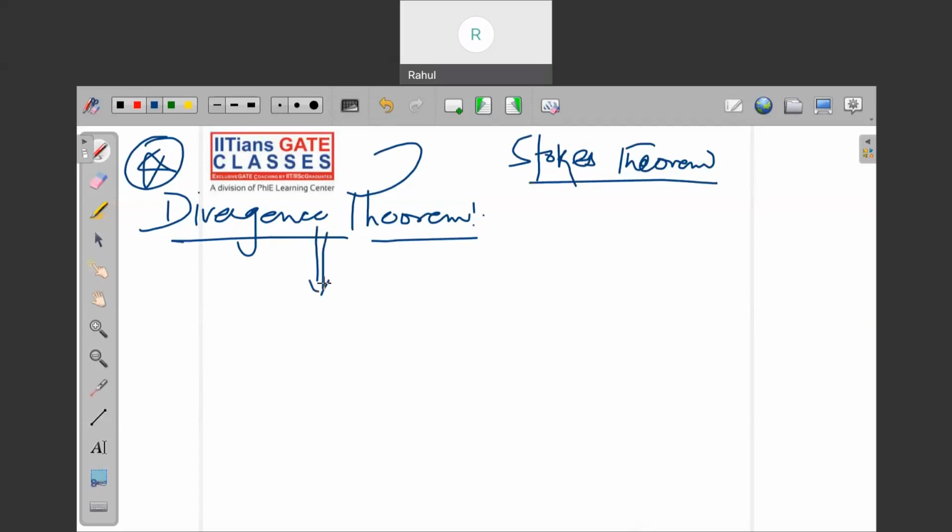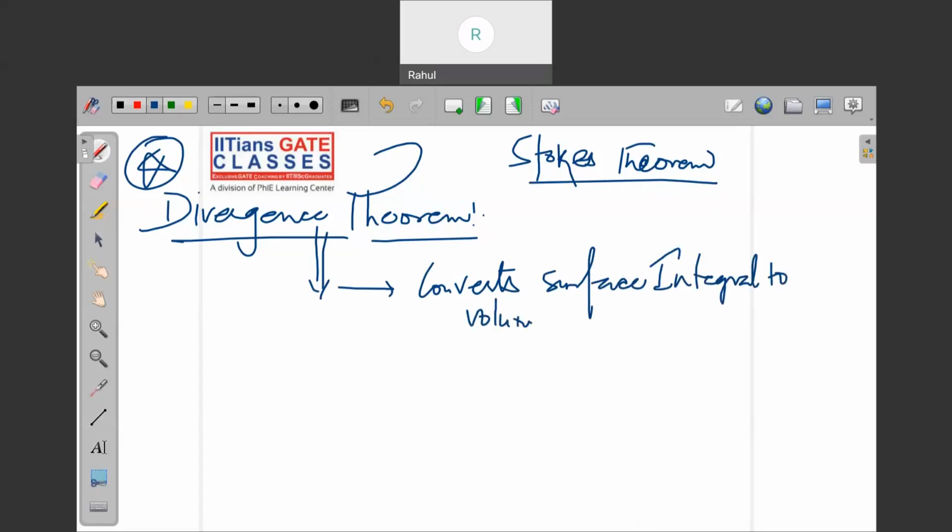That is the very easy definition you have to keep in mind. If you are asked to compute a surface integral, you can compute it with the help of a volume integral as well.